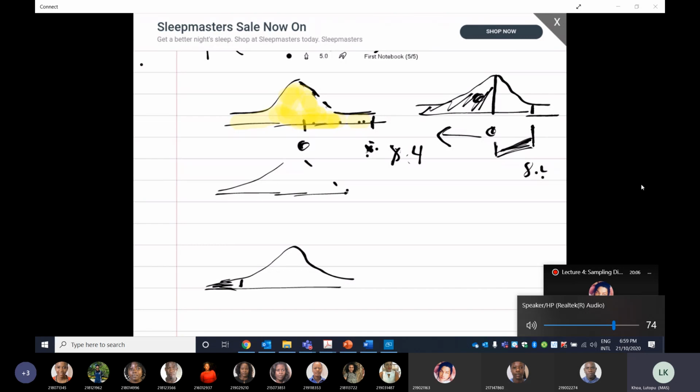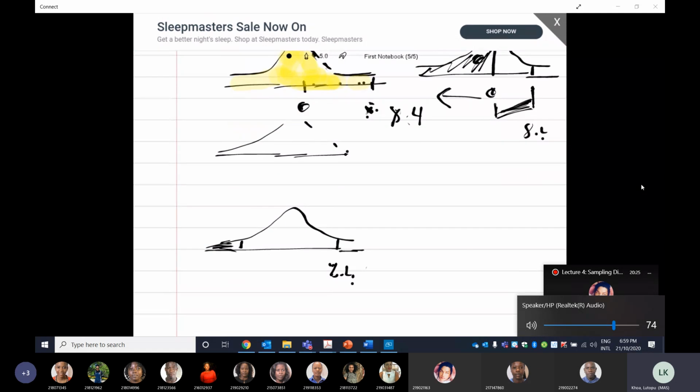And because it's symmetric, if I have 8.4 over here, then this area to the right of 8.4 is exactly the same as the area here on the left, and this value here will be negative 8.4.